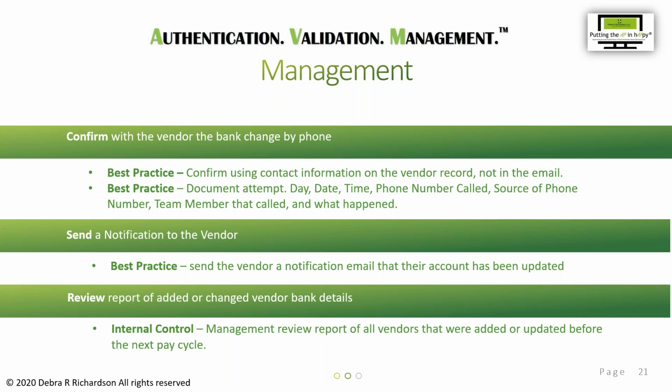However, you can use it to verify or catch fraud before vendors are paid. And you want to verify the adds and changes against the supporting documentation. So make sure whoever has to review those reports has access to the supporting documents that the vendor submitted. Okay. And I think that's all I have here.